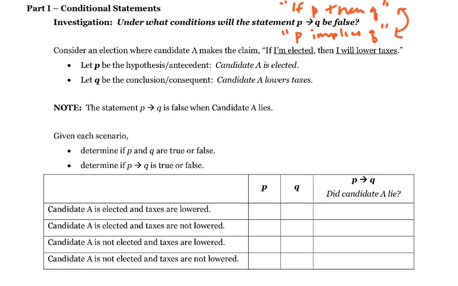I might slip and say P implies Q sometimes, but just so you know.